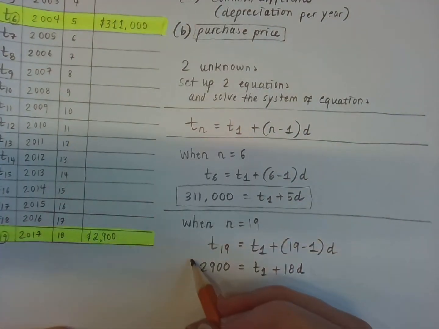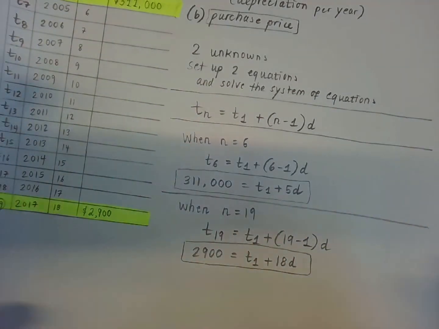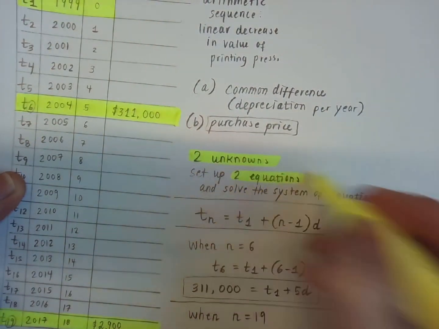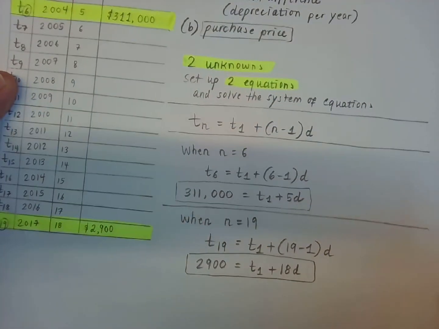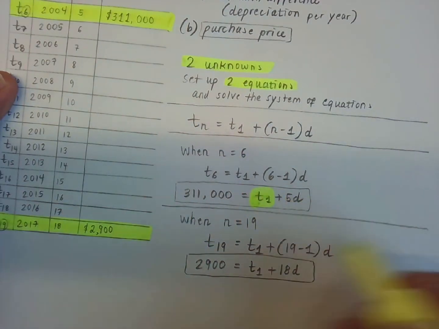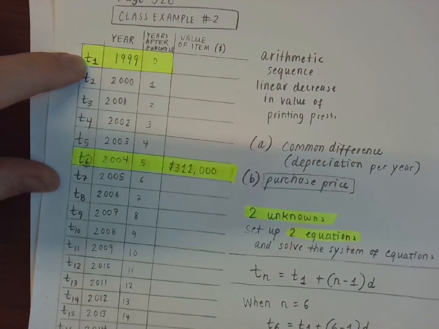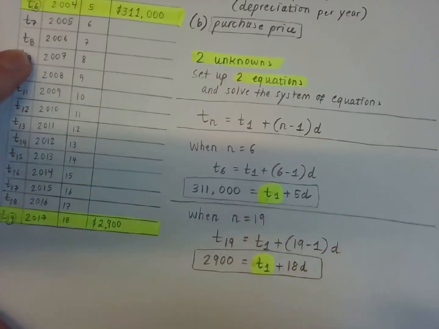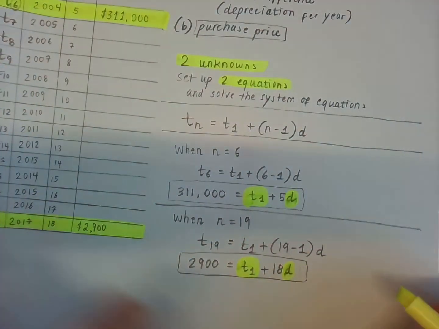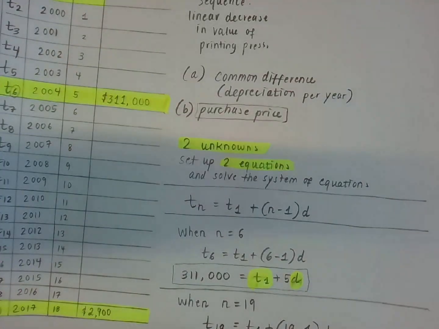So the nice thing is I have two unknowns and two equations, because my unknowns are T1, which is going to tell me how much that printing press originally cost, and d, my common difference, which is going to be the depreciation per year.